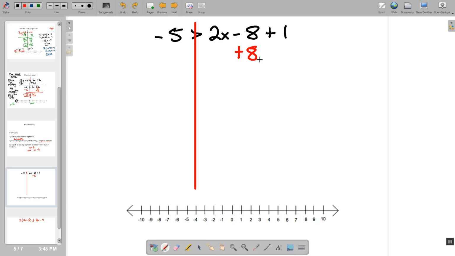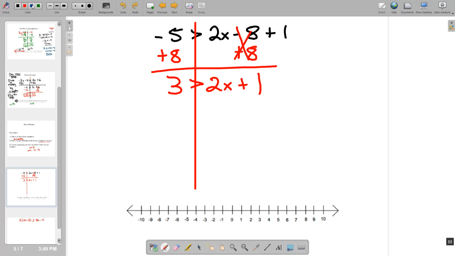So I'm going to add 8 to both sides first, which gives me positive 3 is greater than 2x plus 1. Caught myself there. And I'm going to subtract 1 from both sides, and I get 2 is greater than 2x.